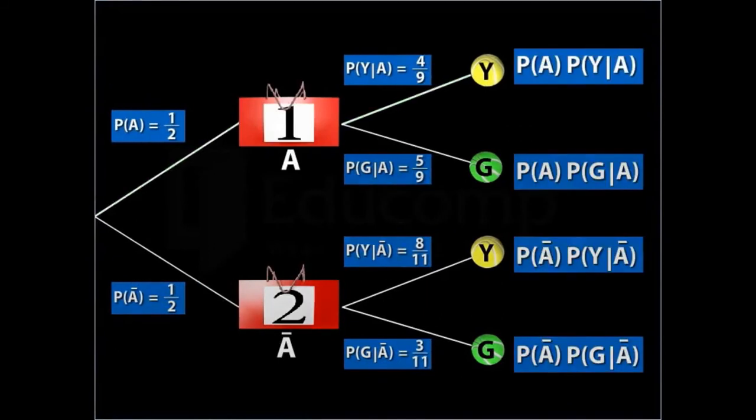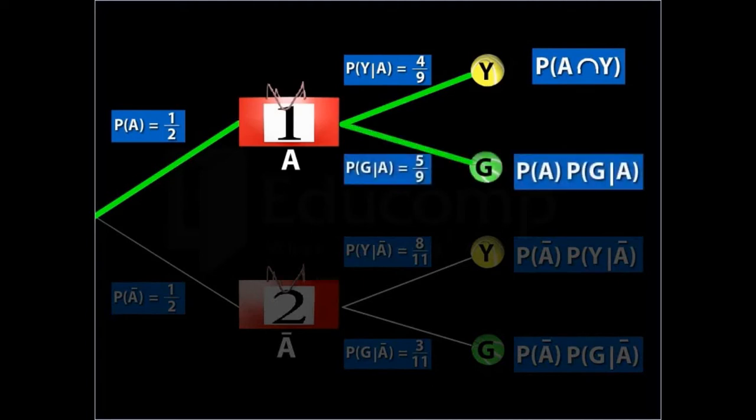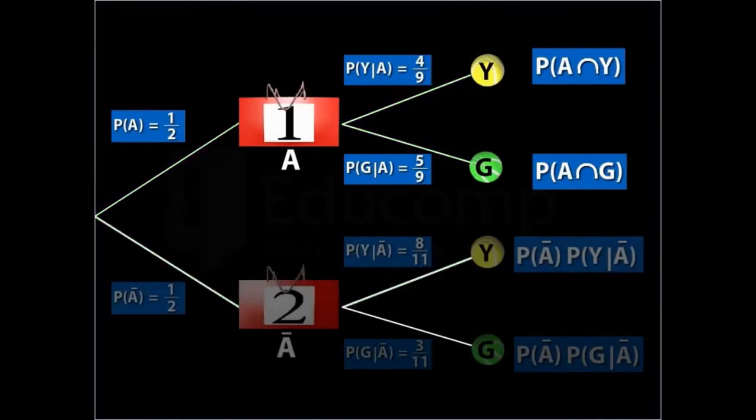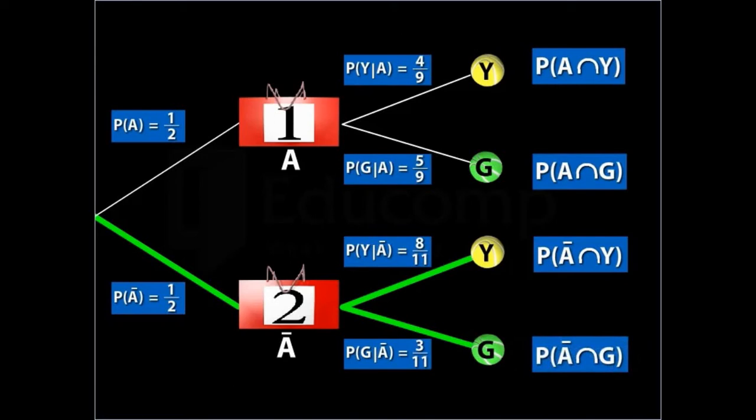At the end of the first branch, we get the probability of event A and Y. Similarly, the end of the second branch gives the probability of event A and G. The end of the third and fourth branches give the probabilities of events A complement and Y and A complement and G respectively.